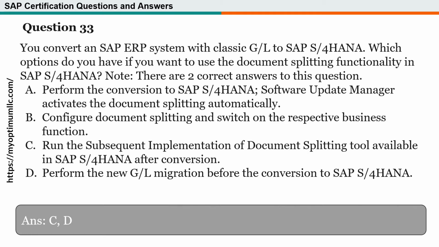B. Configure document splitting and switch on the respective business function. C. Run the subsequent implementation of document splitting tool available in SAP S/4HANA after conversion. D. Perform the new G/L migration before the conversion to SAP S/4HANA.